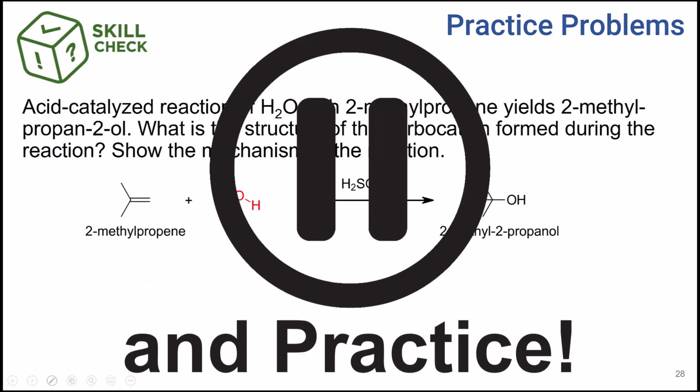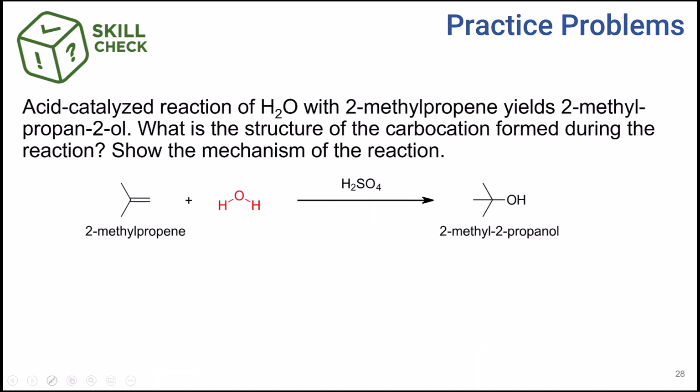Okay, here an acid catalyzed reaction of water with 2-methylpropene yields 2-methyl-2-propanol. What is the structure of the carbocation formed during the reaction? Show the mechanism. Just like the last one, we're going to start with a proton transfer. And my electron pair from the pi bond is going to grab a hydrogen. The H will go here, and I'm going to form this carbocation because that one's more stable.